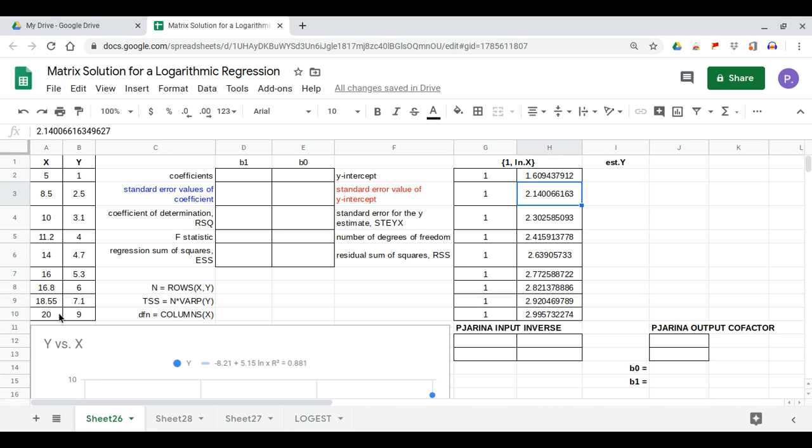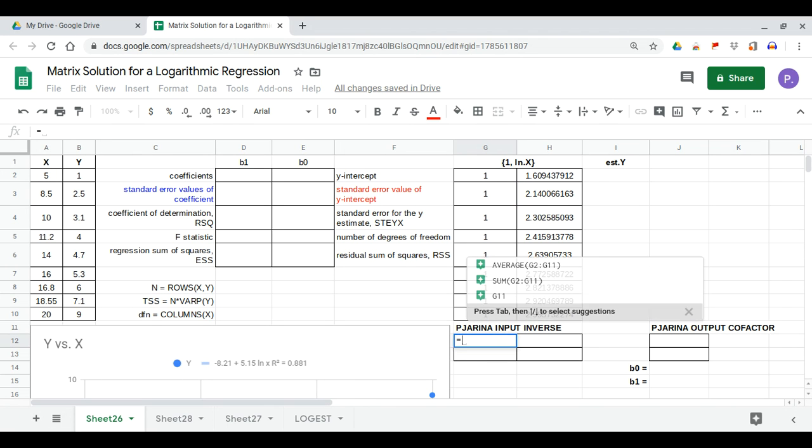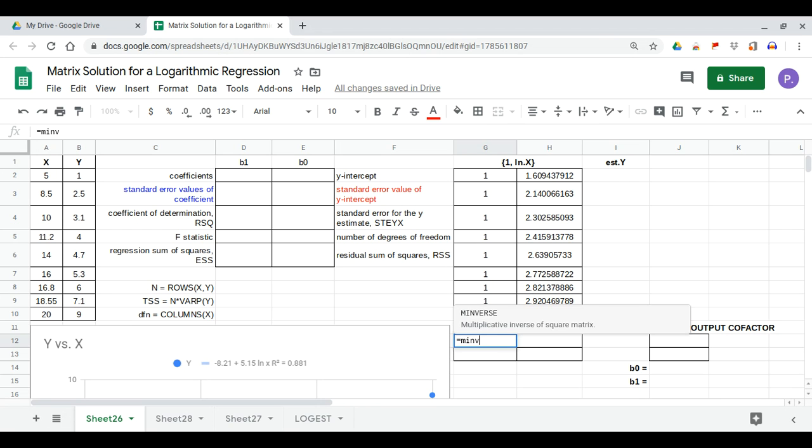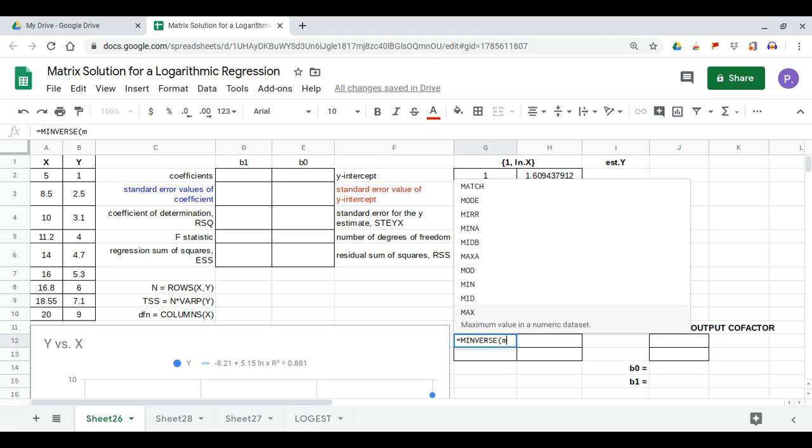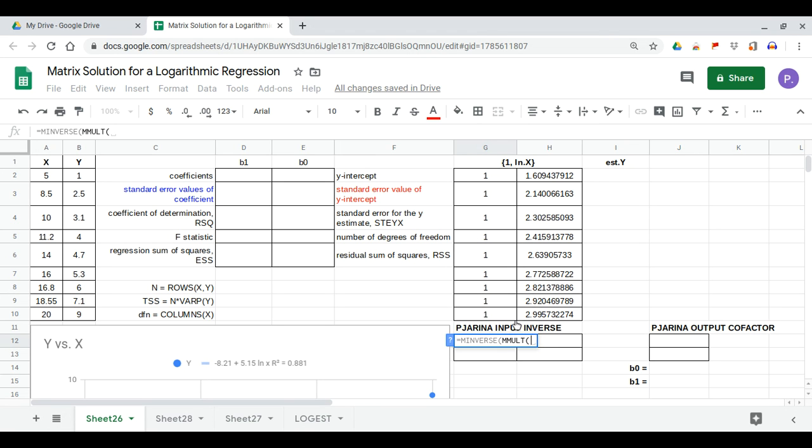Now that we have the 1, ln x matrix, we convert this to square and invert it using the inverse function, which is MINVERSE and MMULT, transpose of this matrix and itself.